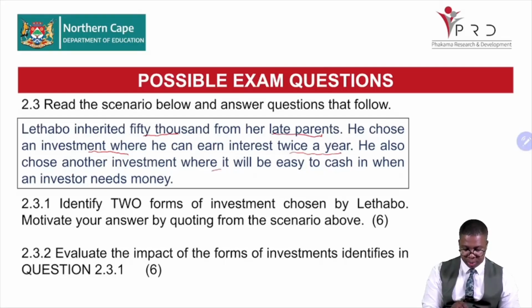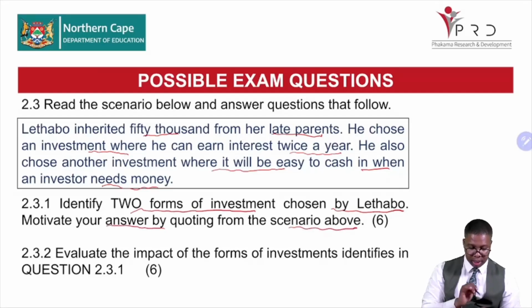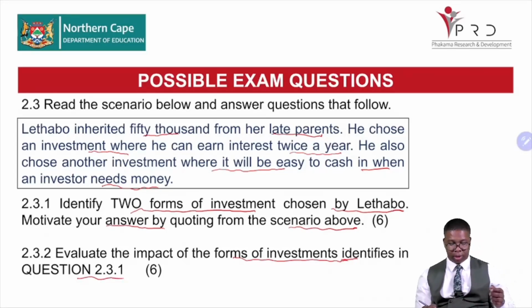Also, she chose another investment where it will be easy to cash in when the investor needs money. Now 2.3.1 says, identify two forms of investment chosen by Lebu and motivate your answer by quoting from the scenario. And then 2.3.2, evaluate the impact of the forms of investment identified in question 2.3.1 for 6 marks.